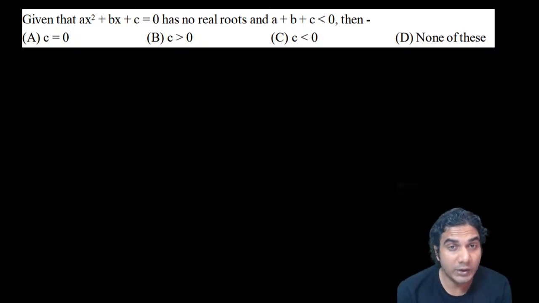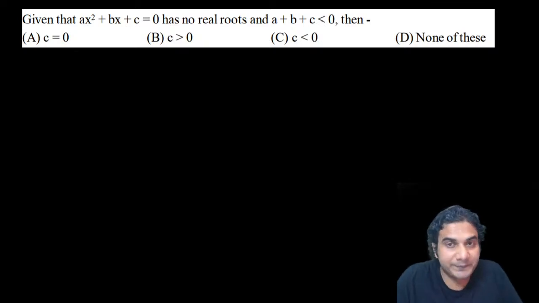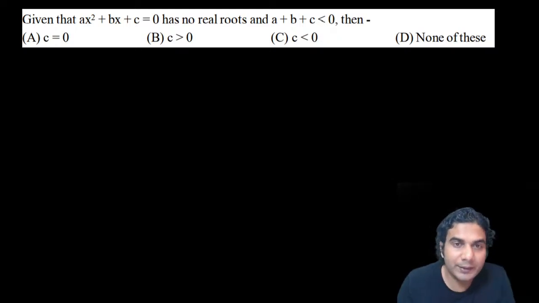This quadratic equation has no real roots. That means discriminant is less than 0. C is correct.